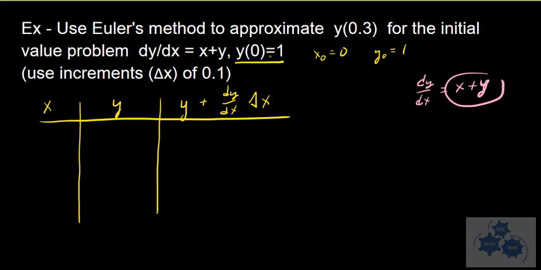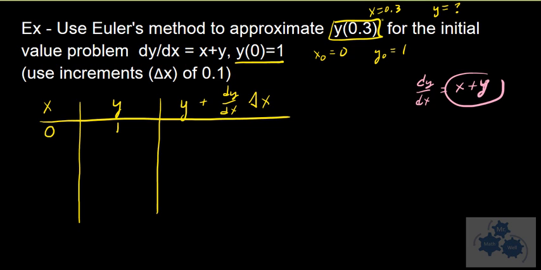So first thing you want to do is put your initial conditions in initially. So x is going to be 0, y is going to be 1. What I would suggest you do is to fill in the x column, because this is what we want. We want to find out when x equals 0.3, what's our best guess using this method as to what the y value will be? That's what we're asking.